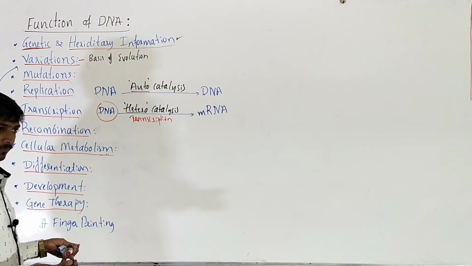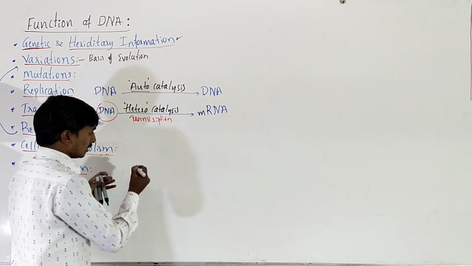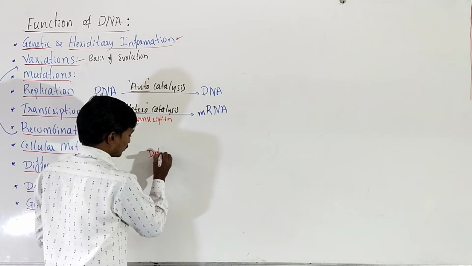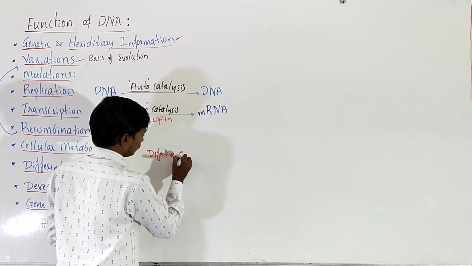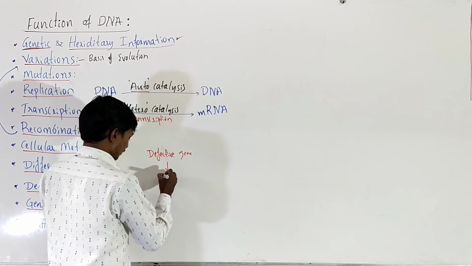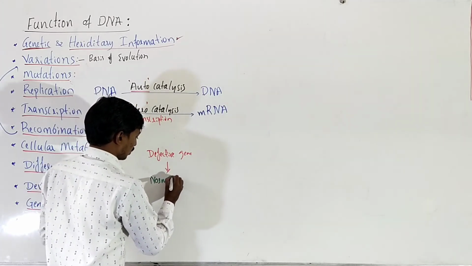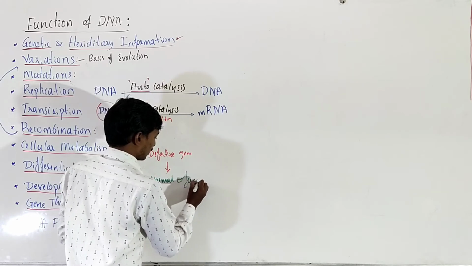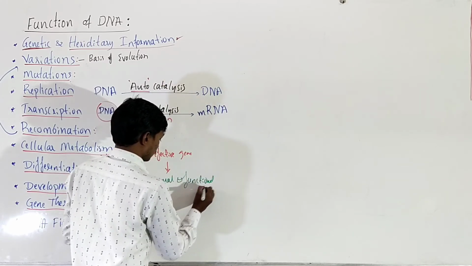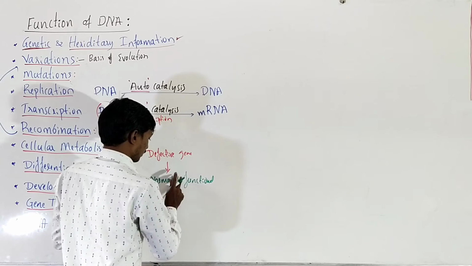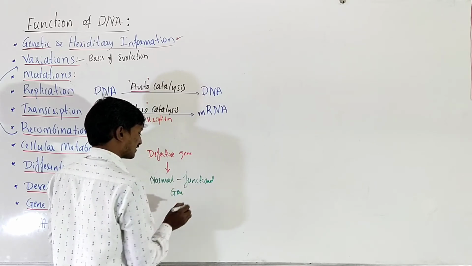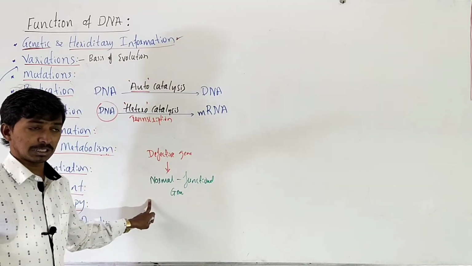Okay, just replacing the defective gene by a normal and functional gene. Normal functional means the gene is taken from a normal healthy person.